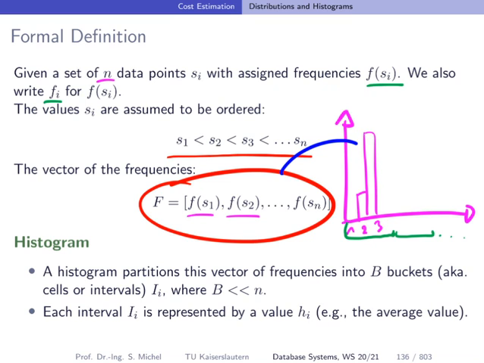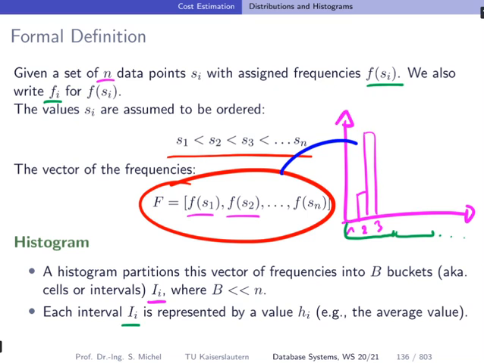And we want to make b buckets out of it. So b is the number of buckets. Each bucket, we also call this an interval, I subscript i. And the number of buckets should be much smaller than n, obviously, because we want to reach some compression, some coarsening, in order to not have to store too many values.